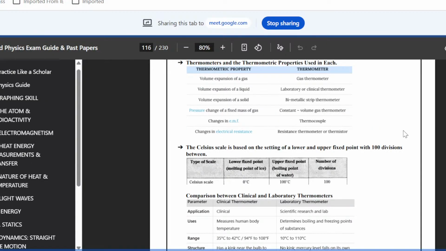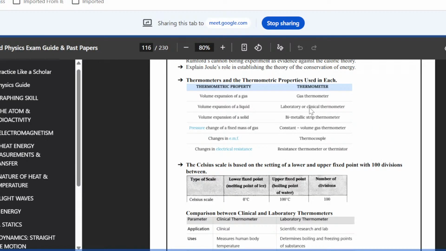So thermocouple. Like the laboratory thermometer, the thermometric property, as you can see here, is the volume. So the thermometric property is something that we can measure that is directly related to change in temperature. Right?